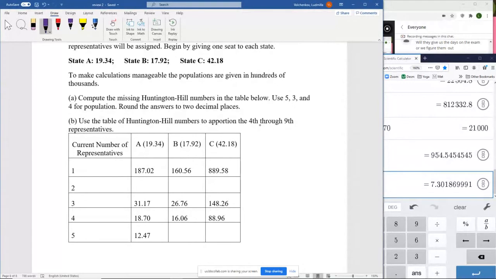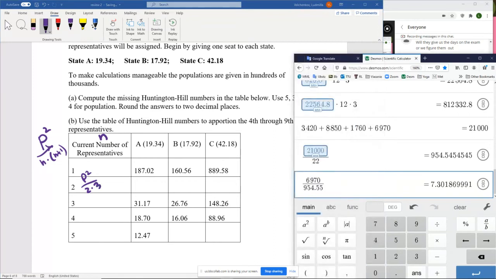And you know the Huntington-Hill number is the population of the state squared divided by n, the current number in this table, and divided by n plus 1. So for the second line, it will be divided by 2 and divided by 3. 2 plus 1 is 3.